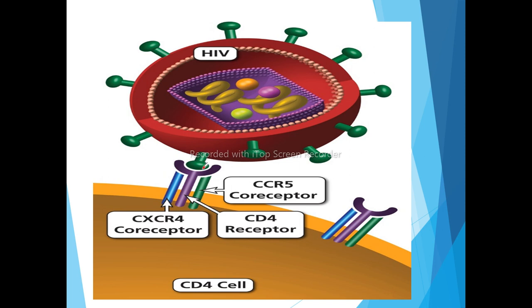Once attachment occurs, the GP120 is going to attach to the CD4 receptor of the CD4 cells. Once it attaches, it undergoes some conformational change. This conformational change is going to expose some hand-like domains. These domains are the ones that will interact with the co-receptors, the CXCR4 and the CCR5.